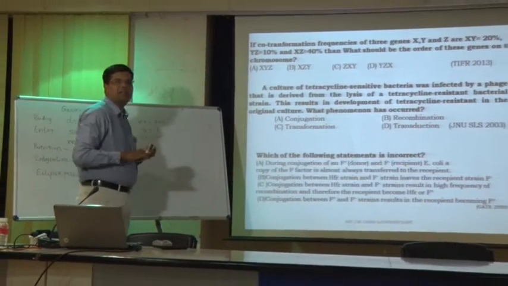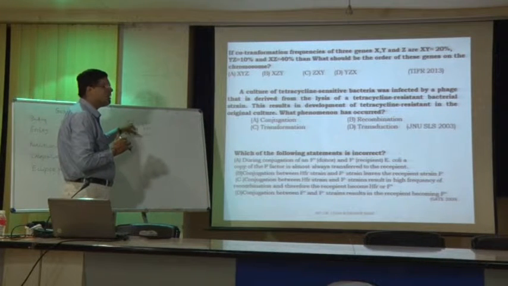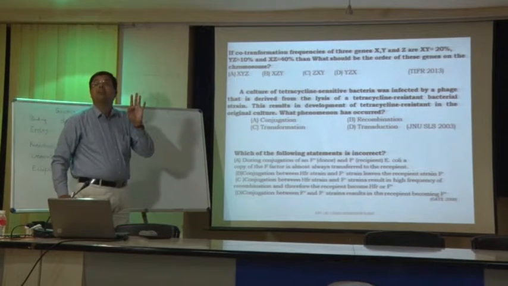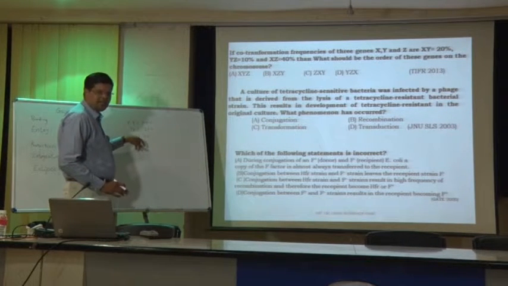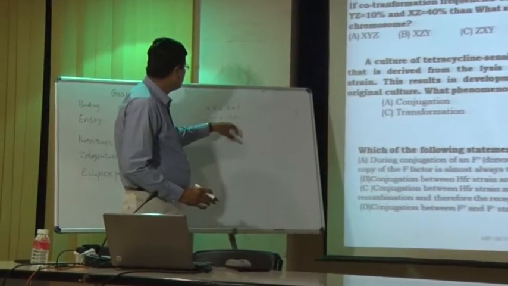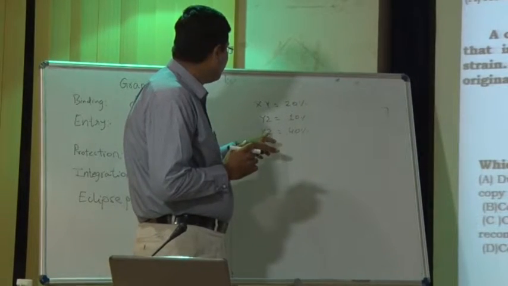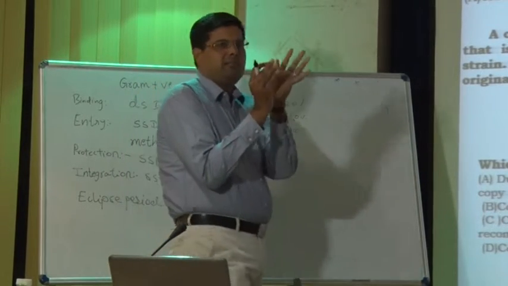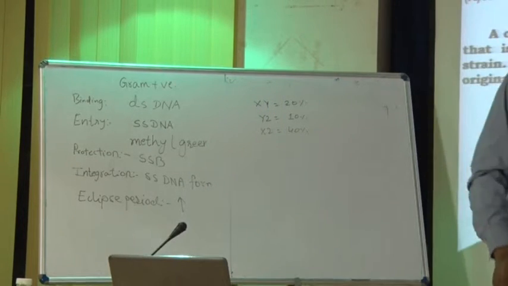So what this indicates? This indicates that X is much closer to Z than Y. What this indicates? That X is much closer to Z than Y because transformation frequency of XZ is more than XY. Are you getting it? So it indicates that X and Z must be together. या तो X के बाद Z आएगा या तो Z के बाद X आएगा, ये तो फिक्स है.